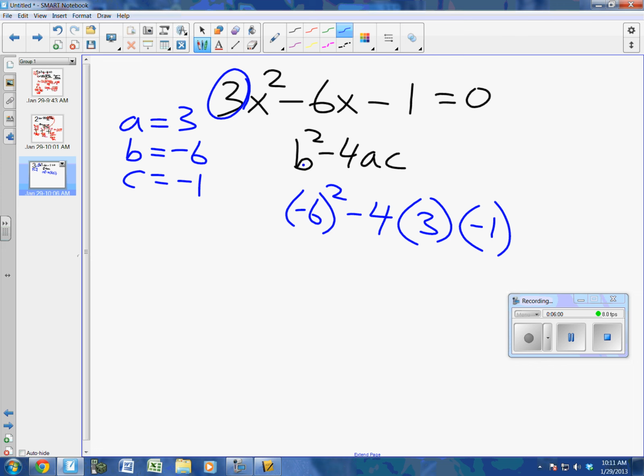Negative 6 squared minus 4. That's what you should have gotten right there, 48. Jax was the only one that got it? Well, why didn't you guys say so? 48, okay. 4 or 5 of you had it.